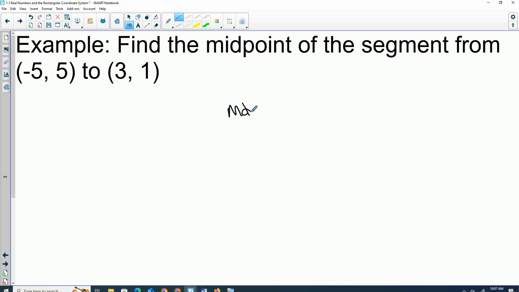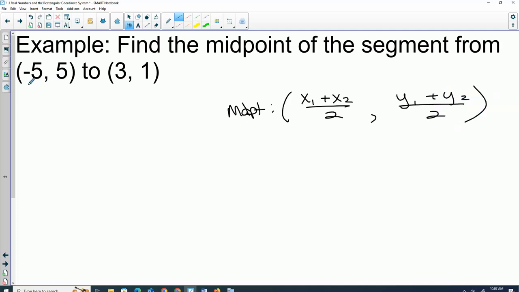Midpoint is just the average. It's an ordered pair. To get the x value, you add your 2 x's divided by 2. To get the y, you add your 2 y's divided by 2. So this is like the x of the first, the y of the first, x of the second, and y of the second.